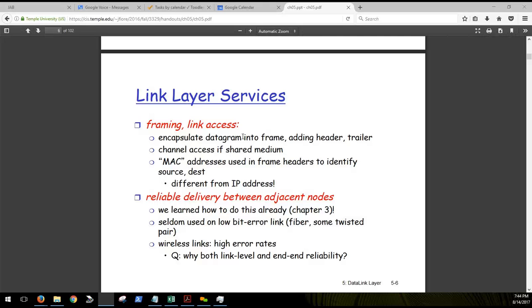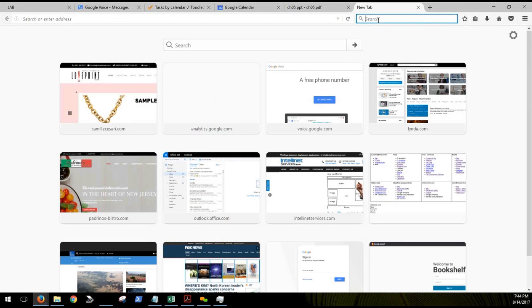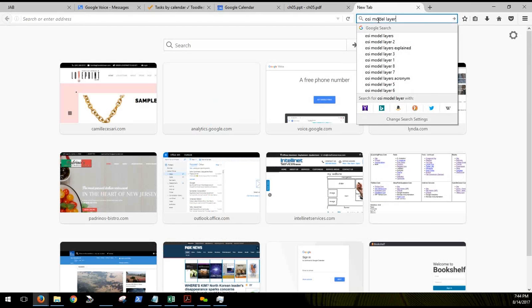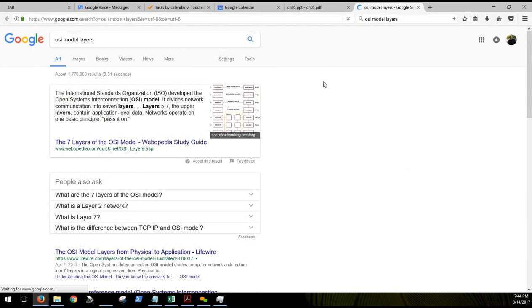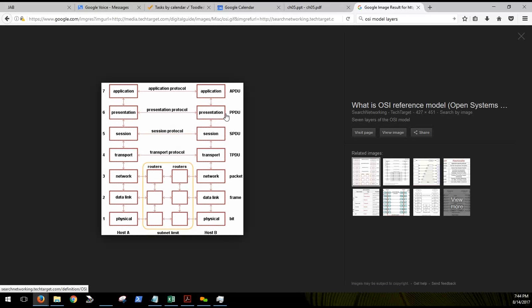At the bottom, Sam. It is the physical layer.